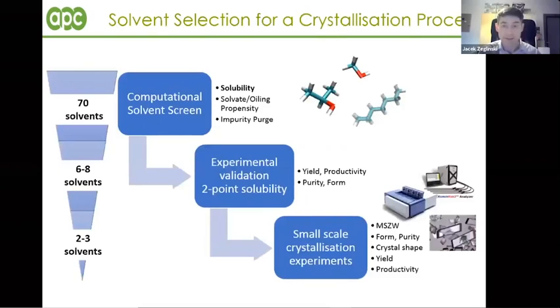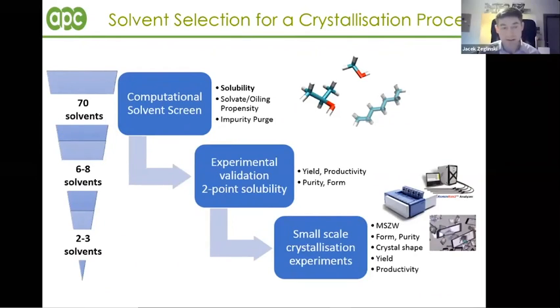First I will start with our typical workflow for solvent selection for a crystallization process. Because we use computational tools, we are able to screen many more solvents than we could by focusing only on experimentation.